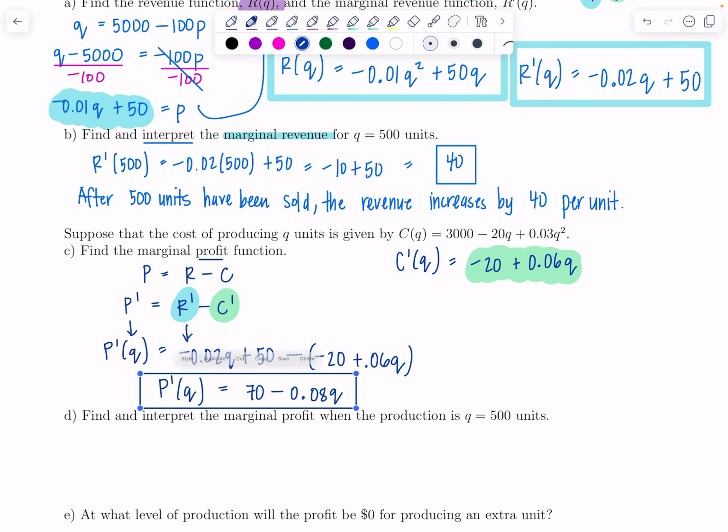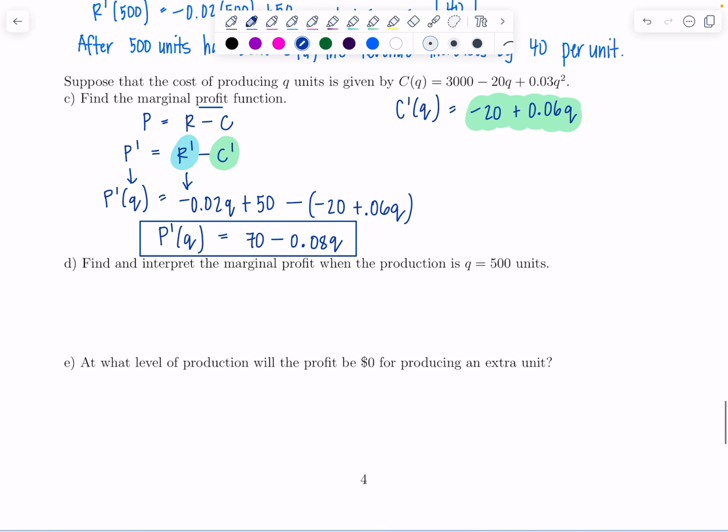Okay. Find and interpret the marginal profit when Q equals 500 units. So marginal profit, I'm plugging it into P prime. Q is 500. That's 70 minus 0.08 times 500. And this comes out to 30. Probably dollars, but I dare not say.